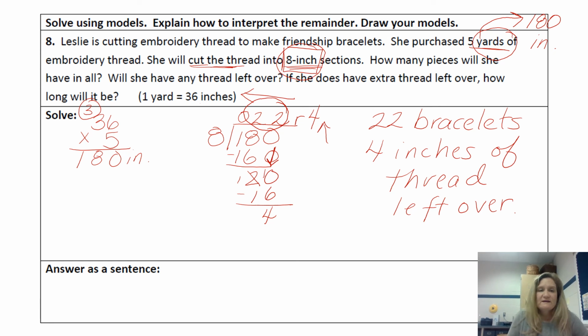Okay, so we have to write that in a sentence now.